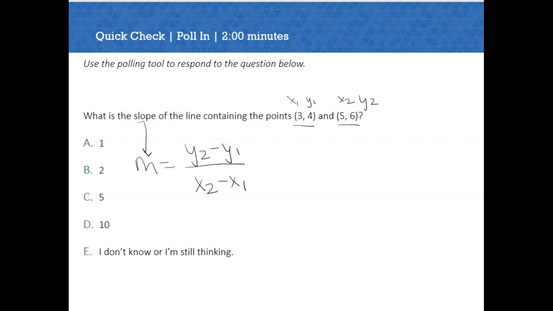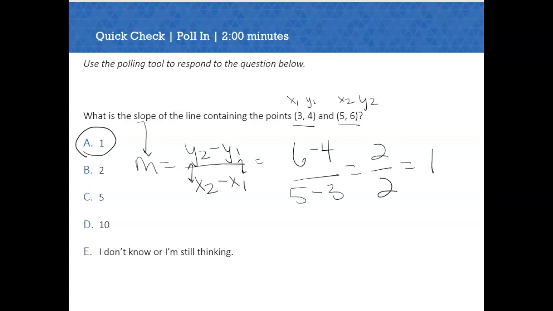You can flip these and make these the 2's and these the 1's, but you have to keep them in order. So the 2's go together and the 1's go together. Let's read it this way: 6 minus 4 all over 5 minus 3. So we get 2 over 2, which reduces to 1. So this slope is 1.